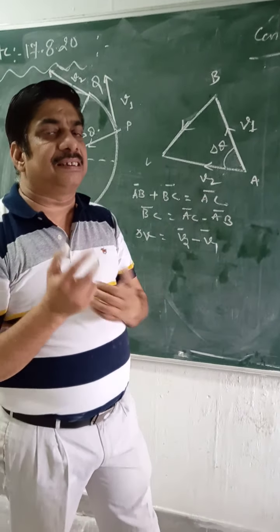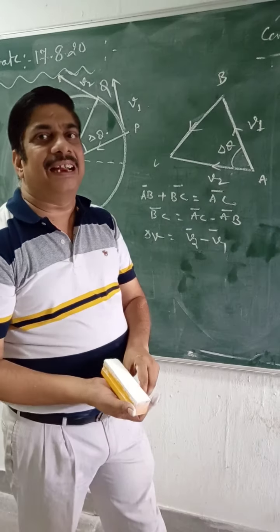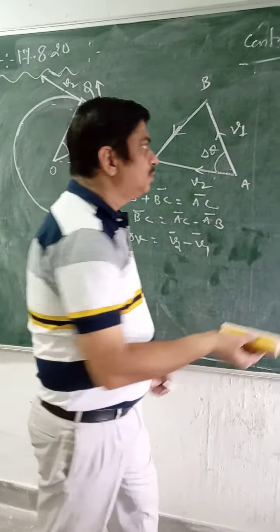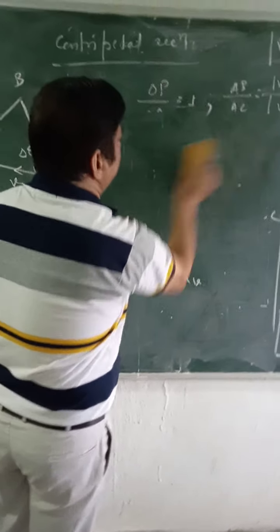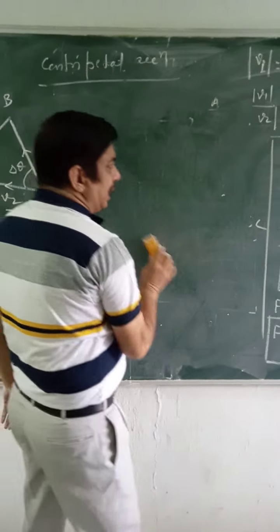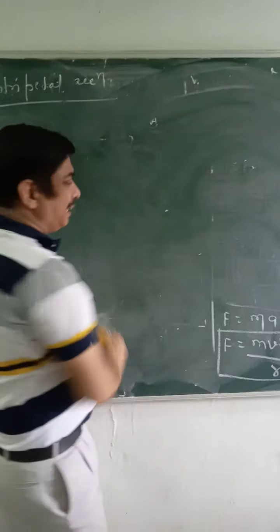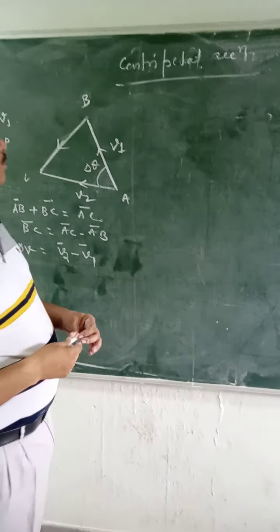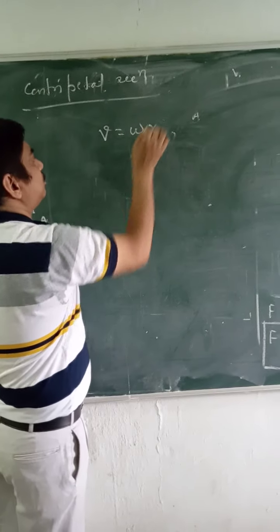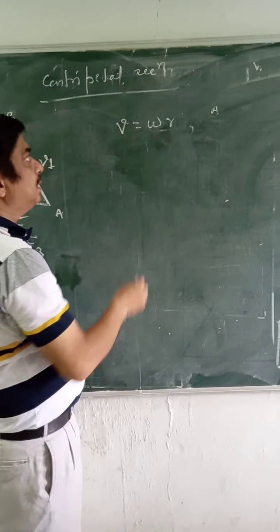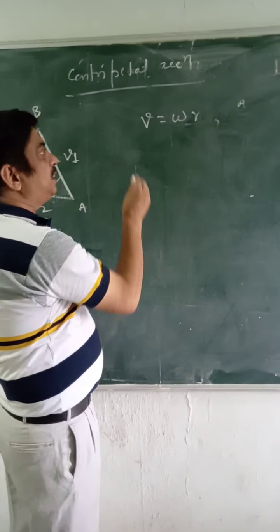Now the relation between angular acceleration and linear acceleration. That is very simple to derive. For that we start from the relation between linear velocity and angular velocity, v is equal to omega r. Now this is going to be differentiated.